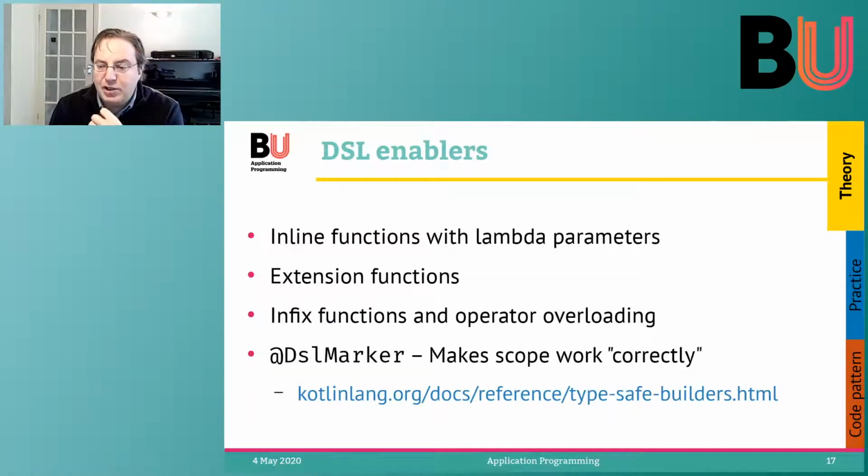Another one that actually makes it work quite well is the ability to have property delegates, and in particular the overloaded functions to create property delegates make things a lot tidier. So what kind of DSLs can you find? What does it look like?